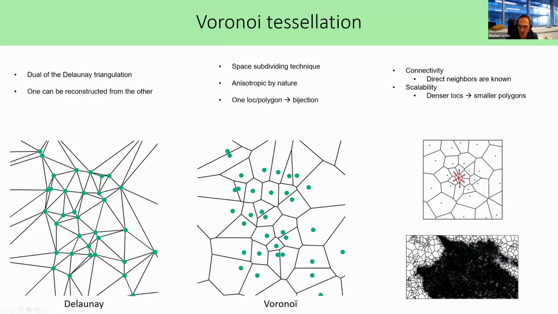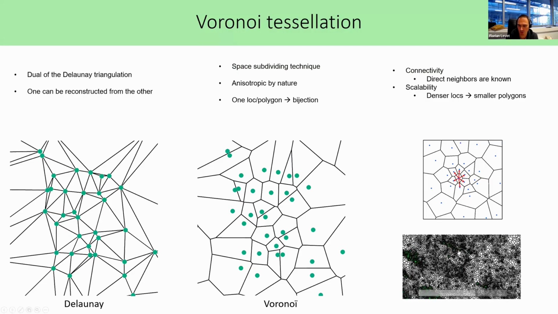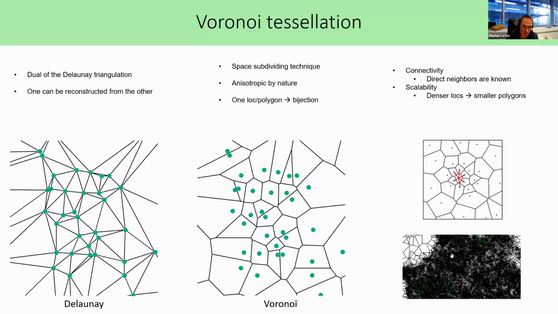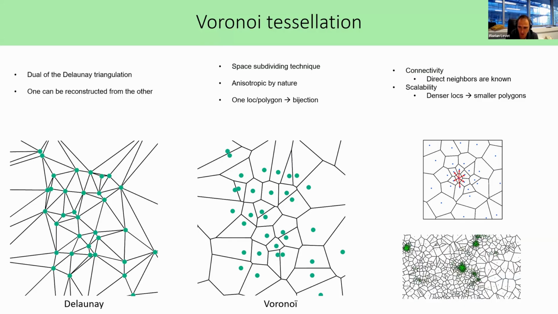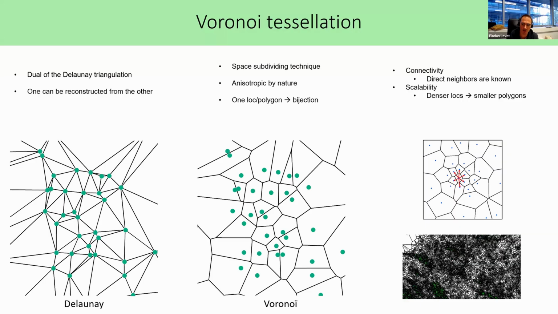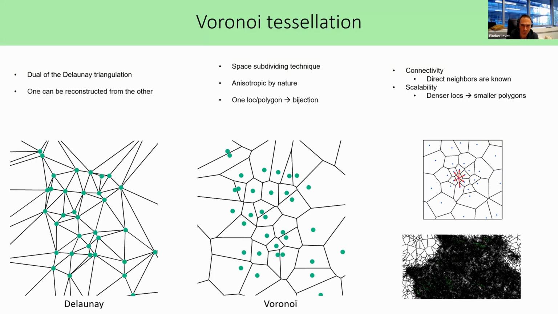And then there is the scalability, meaning that the denser the localizations are, the smaller the polygon will be. And so you are not, as for reconstructed super resolution images, where you will use a pixel and have a lot of different localizations inside the pixel. Here, one polygon equals one localization.